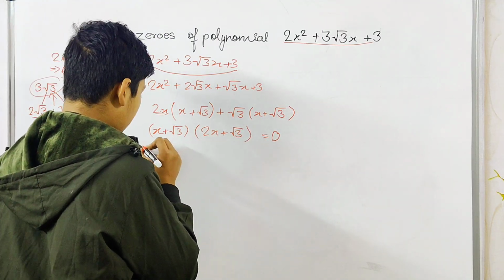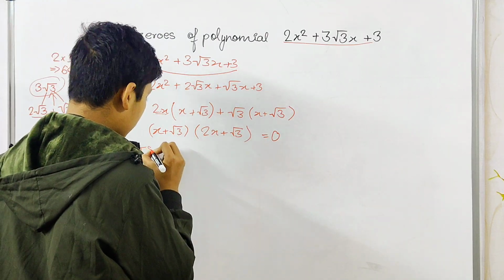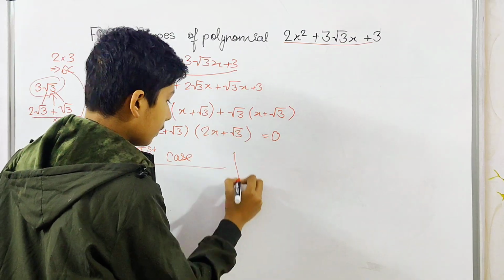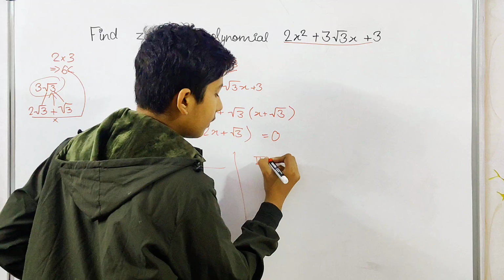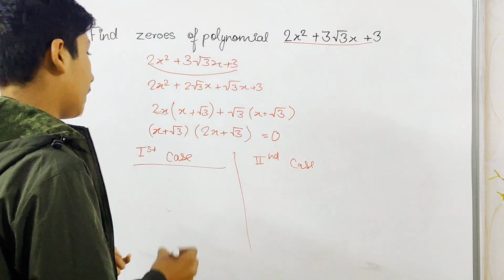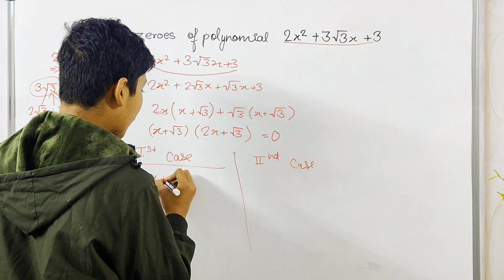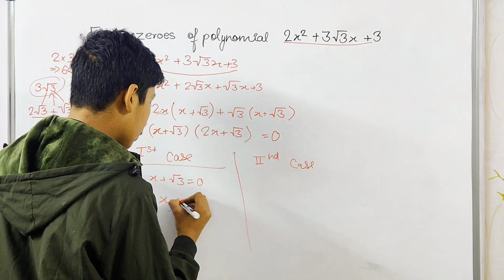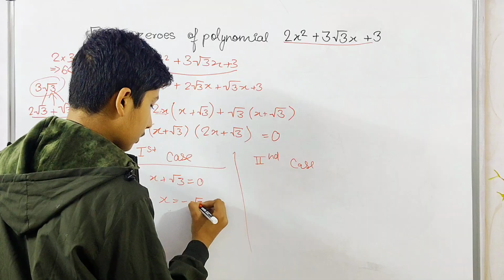Now in first case and second case. In first case, we take x plus root 3 equal to 0. So x equals minus root 3.